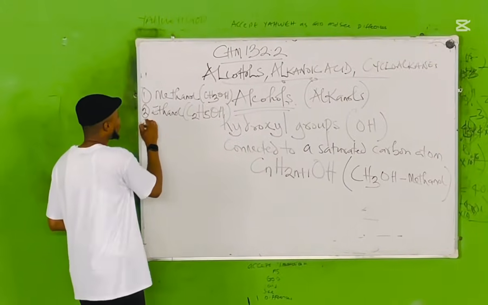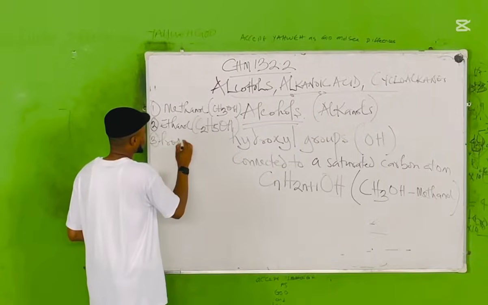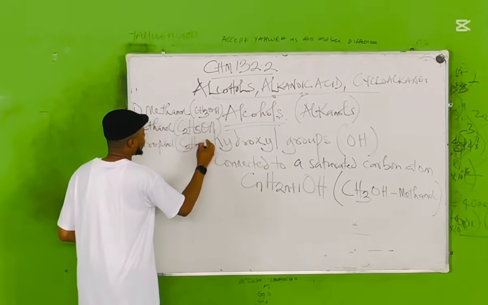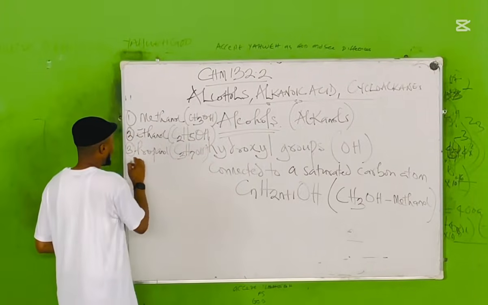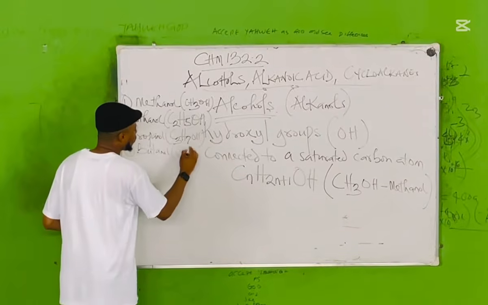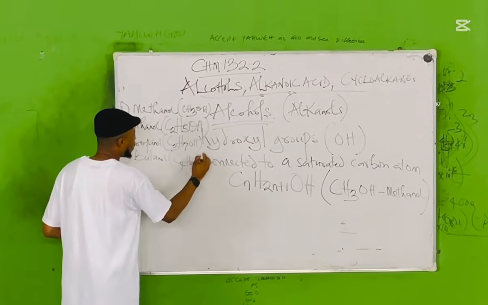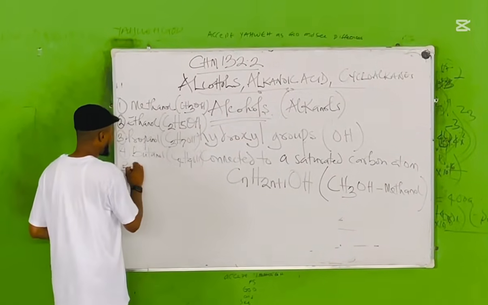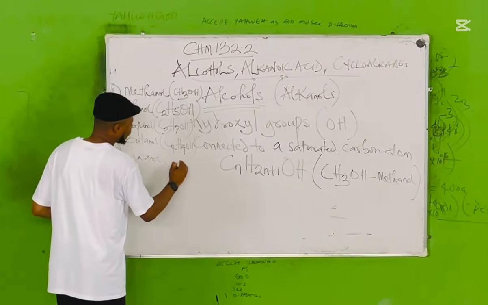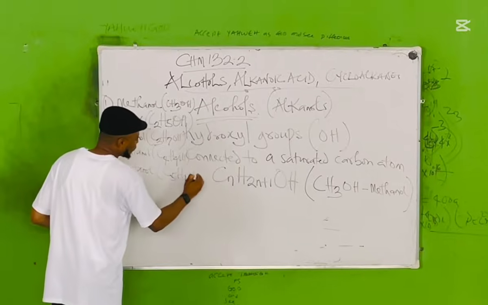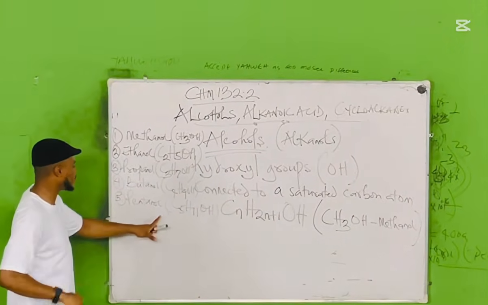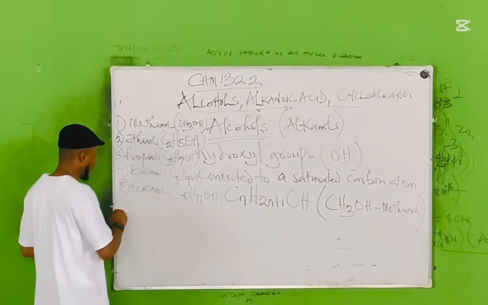Number 3 is propanol, C3H7OH. Number 4 is butanol, C4H9OH. Then we have pentanol, C5H11OH. Alright? Whenever you get the word pent, please note that we're talking about 5 carbons.